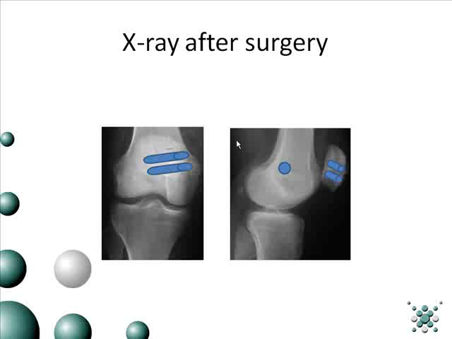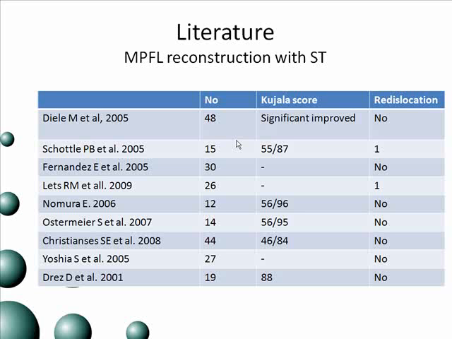And when we look at the literature, we can see that there are not so many groups of patients, between 12 to 50 maybe. The Kujala score is usually improved, and in these reports there are just a few redislocations.